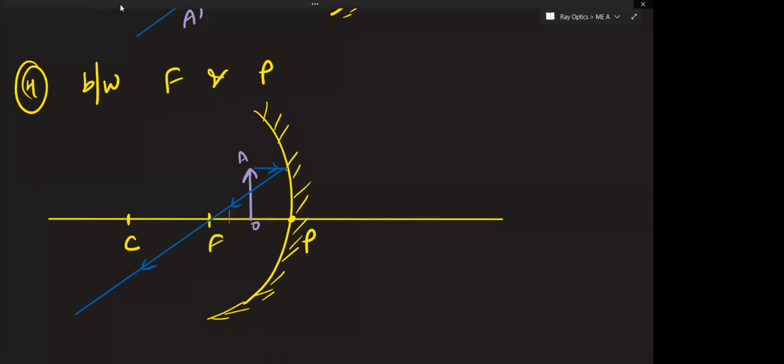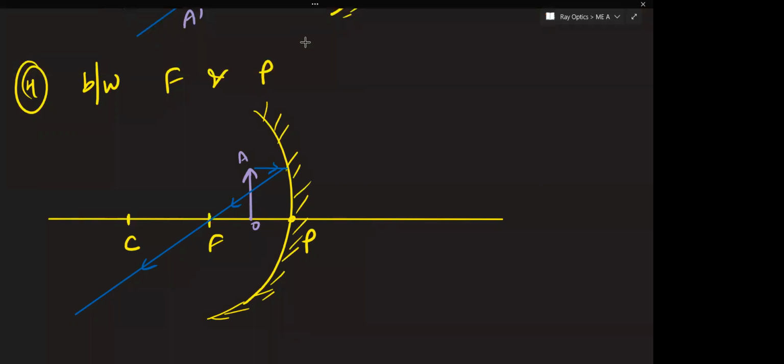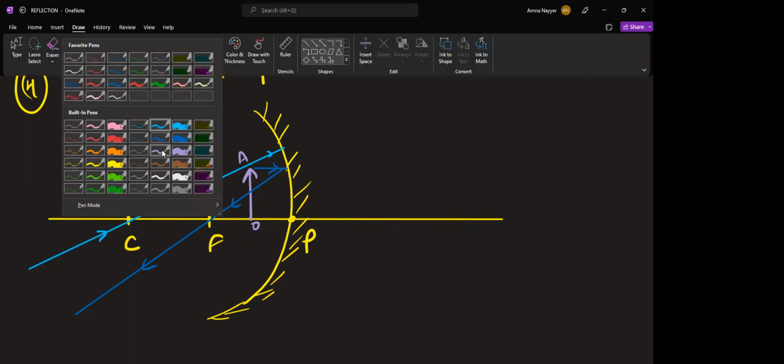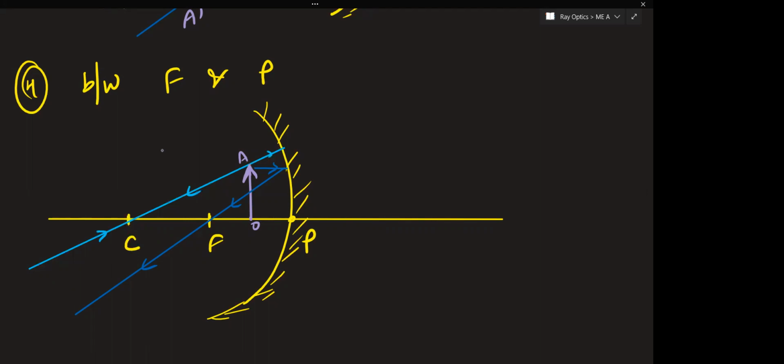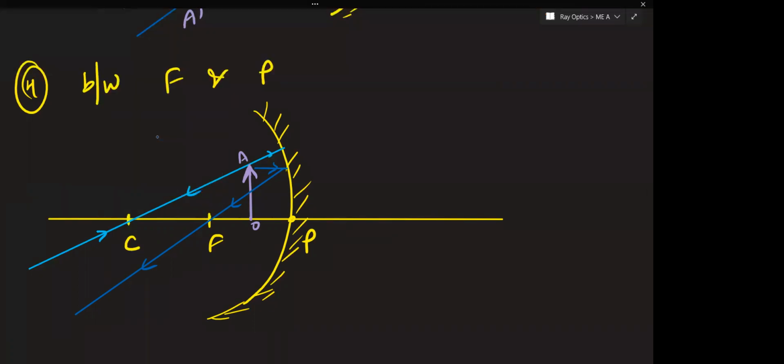What happens to the second ray of light? It passes through the center of curvature and gets reflected back. Now see what will happen to the light rays. They are not meeting anywhere.